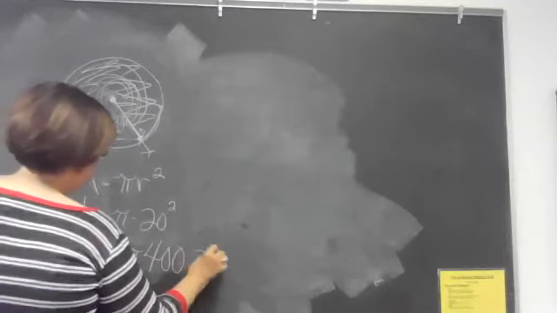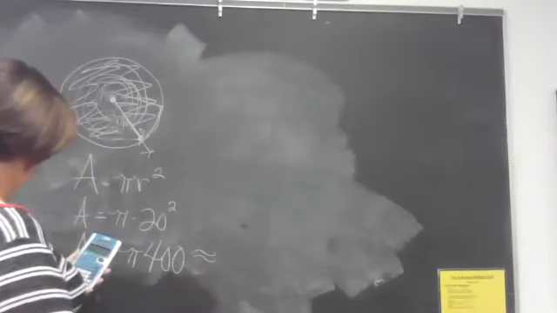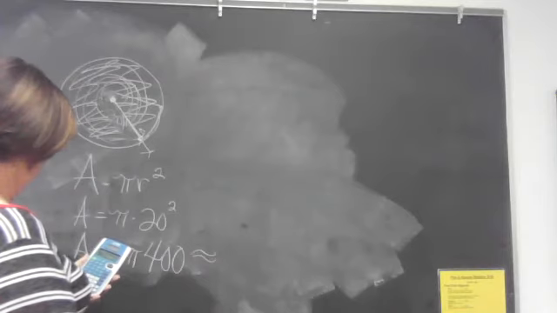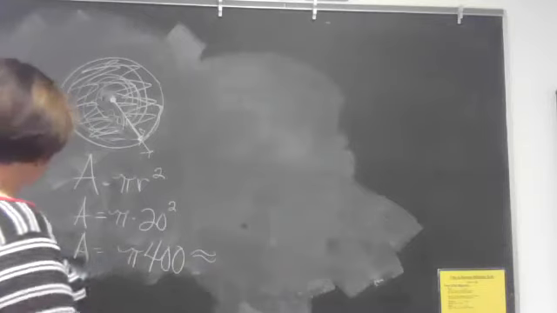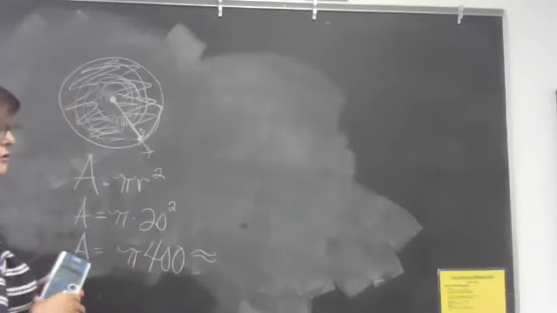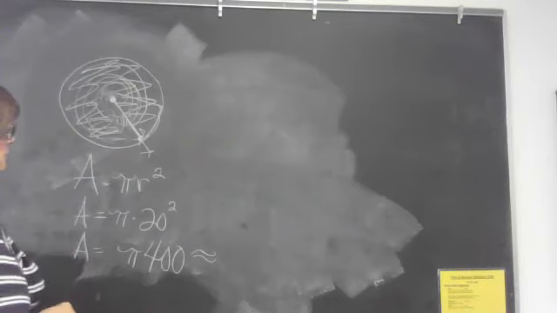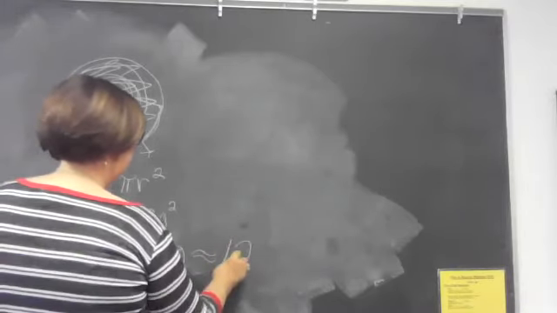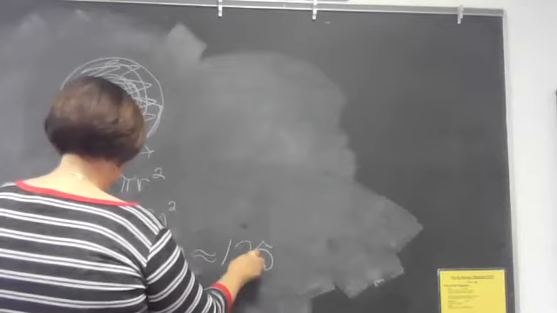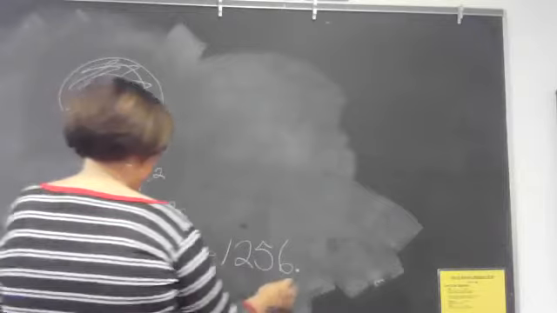So the decimal is approximately equal to what? It's 400 pi. Use your calculator, use your toggle switch. I need a decimal now. I'm not sure. I think I've done something wrong.